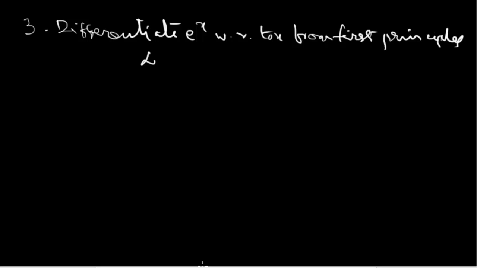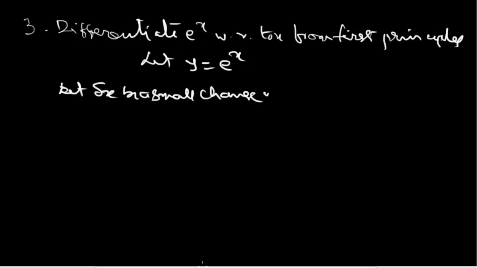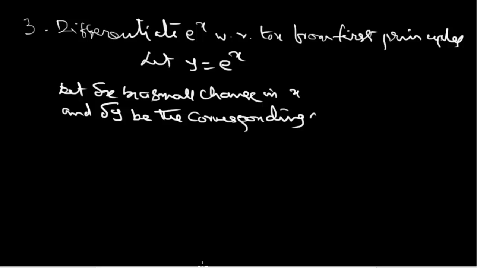So let y is equal to e power x, let delta x be a small change in x and delta y be the corresponding change in y. So y plus delta y is equal to e power x plus delta x.